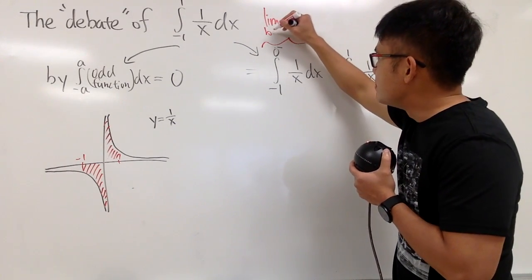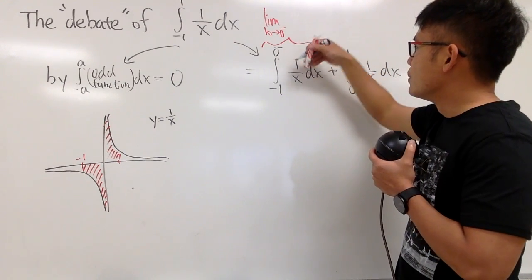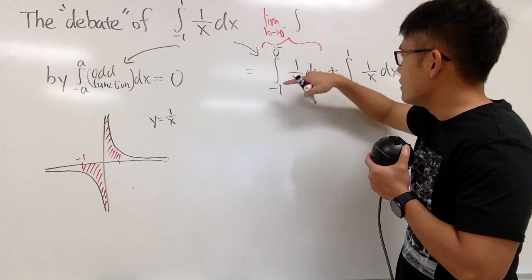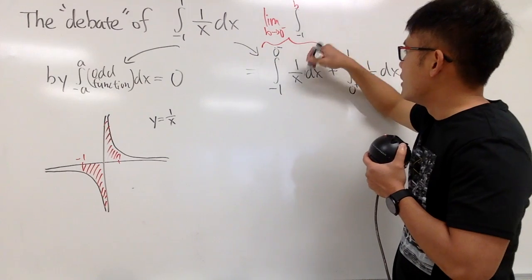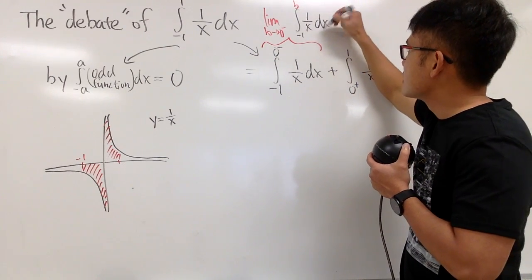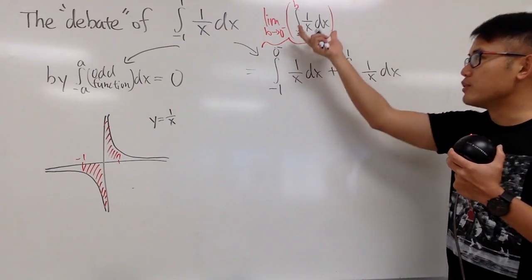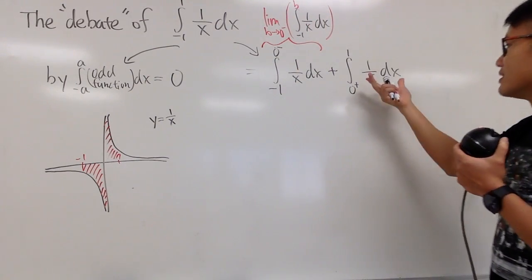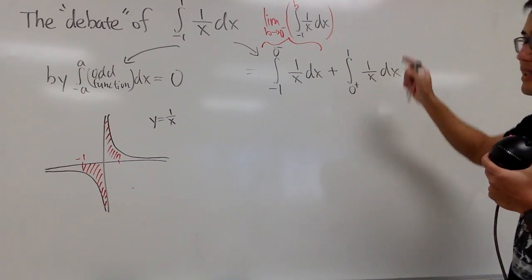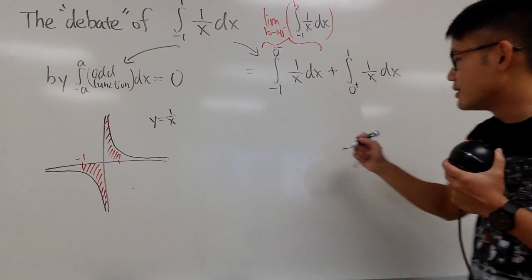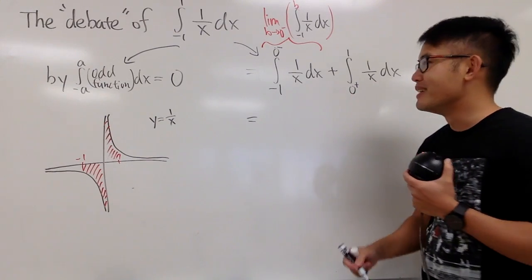You take the limit as b goes to 0 minus, and then you write the integral from negative 1 to b of 1 over x dx. So in order for you to make sense of this, you have to talk about the limit. And likewise, this is similar, and you just write down the limit as a approaches 0 plus, and so on. But I'm going to leave that out because I'm just going to write down the shorthand way.